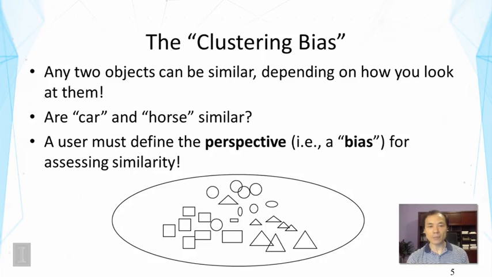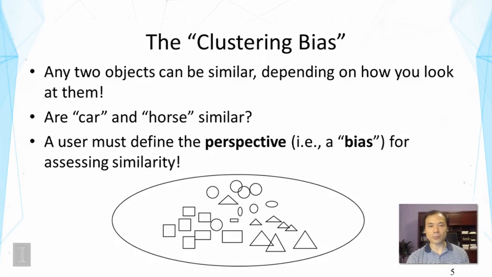So let's look at a concrete example here. You are seeing some objects or some shapes that are very similar to what you have seen on the first slide. But if I ask you to group these objects again, you might feel there's more uncertainty here than on the previous slide.